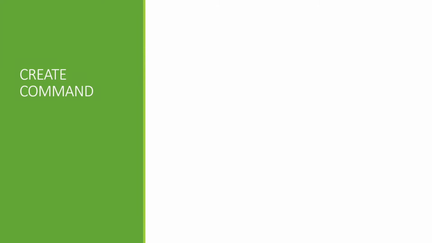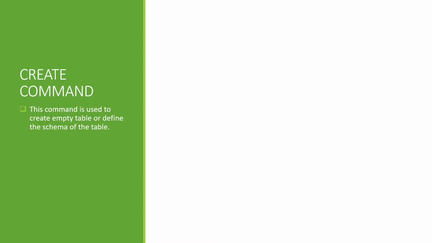As the name signifies, create command is used to create any table. So the definition is that this command is used to create an empty table or define the schema of the table. Now the schema means that basically the schema gives us the fields that are present in our table along with the data type of the fields. So for example, if we have the field as ID, so ID will have an integer data type.